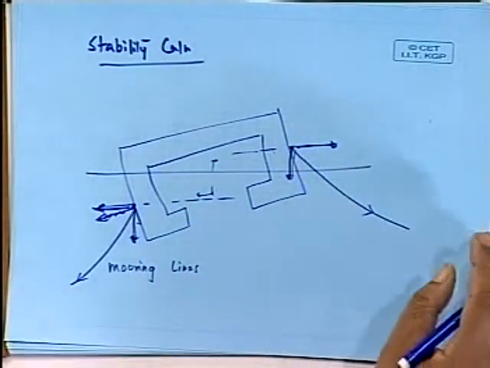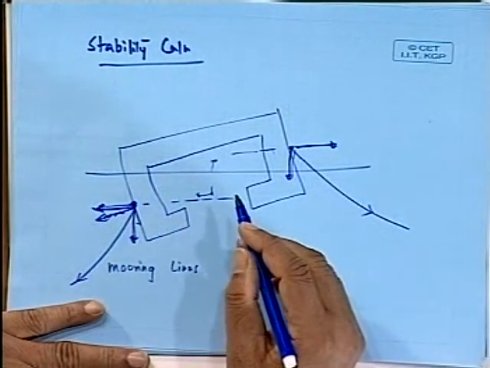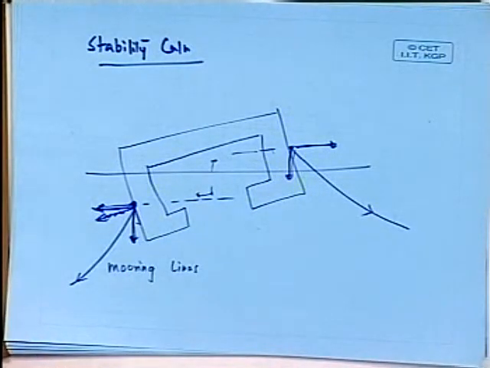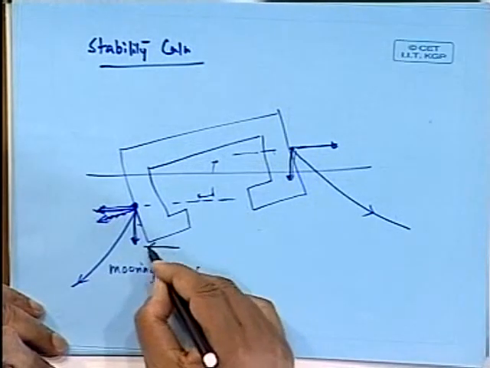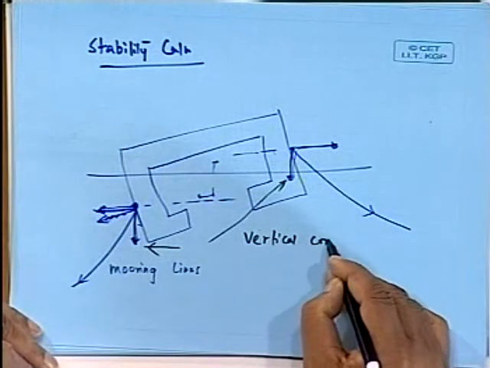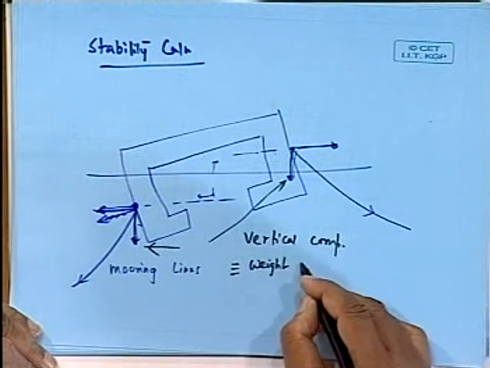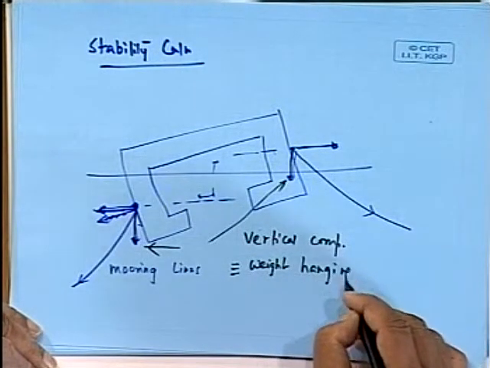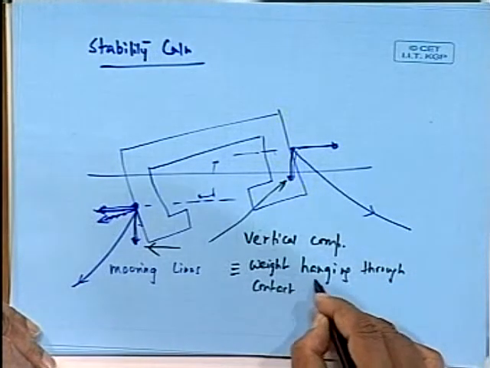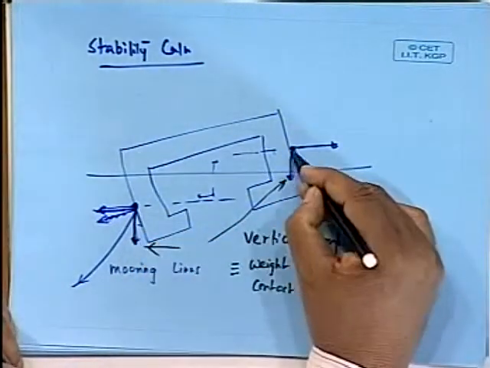Now this force can be considered, as far as hydrostatics goes, as if there is a weight hanging at these points. See, this vertical force through the contact point or whatever these points, is as if we have added weight here.